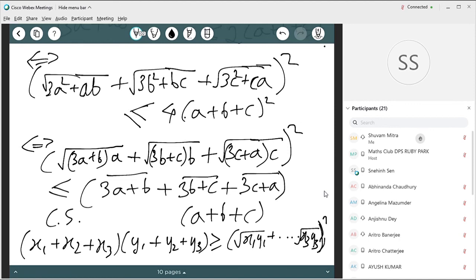There is a whole square over here. Instead of our square terms, we are using x1 square, x2 square, x3 square, y1 square, y2 square, y3 square, and these are whole square, and then you can remove the root. So these two inequalities, one I wrote and this one, are equivalent.